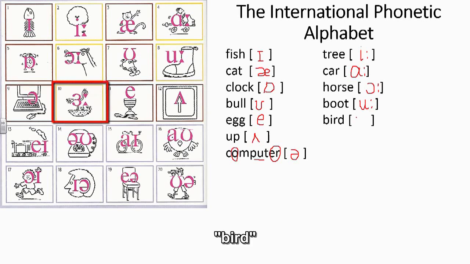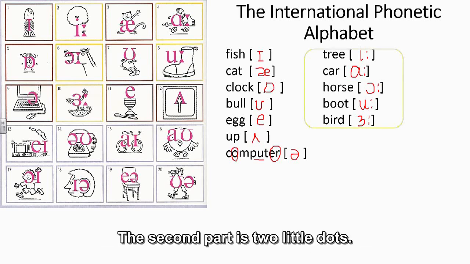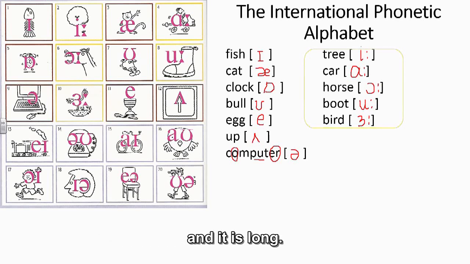Bird. What looks the same with every symbol? The second part is 2 little dots. It means that it is one sound and it is long.